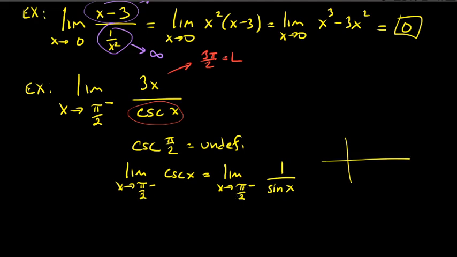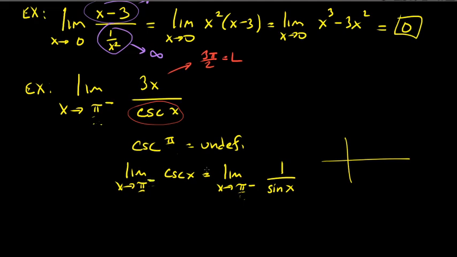Oh, darn. Okay, so I think I messed this up. Hang on. Yeah, okay, sorry about this. I didn't mean pi over 2, I just meant pi. So erase the over 2. Cosecant of pi over 2 is not undefined, it's 1. So we're approaching pi from the left, not pi over 2.